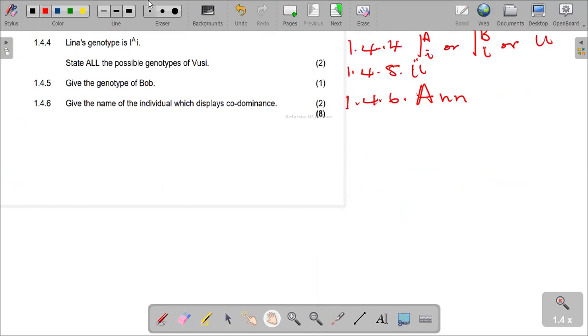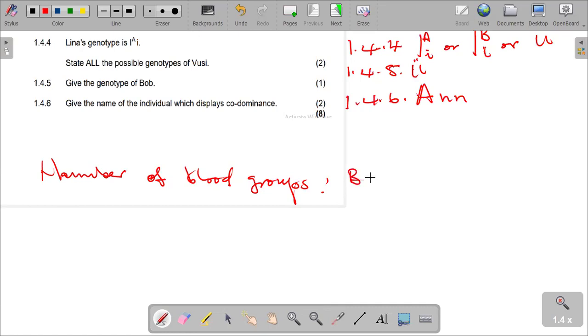As we are looking at blood types, there are other questions that can arise, like how many blood types or blood groups do people have when we are using ABO blood typing?